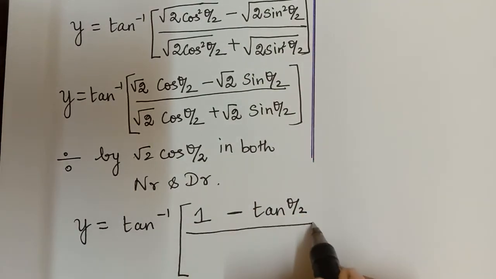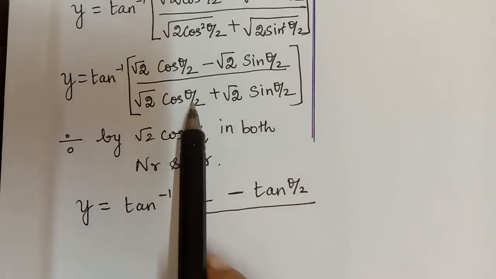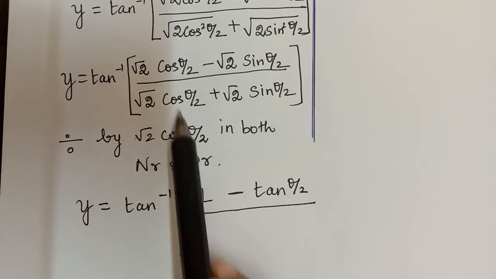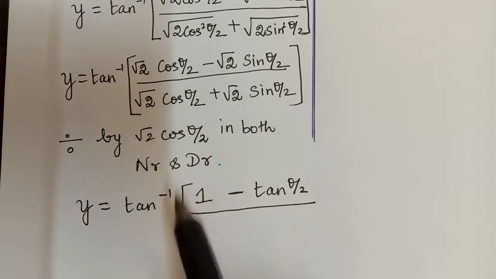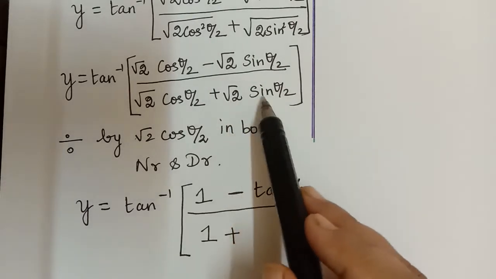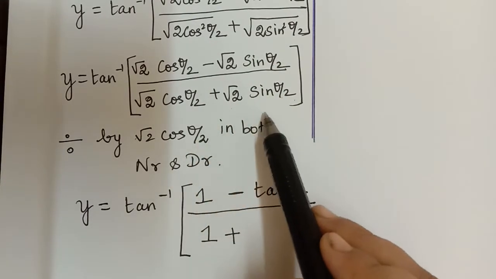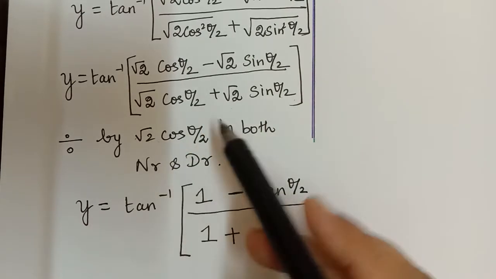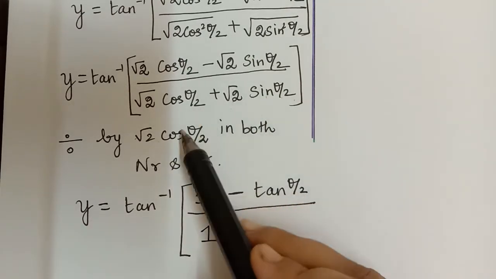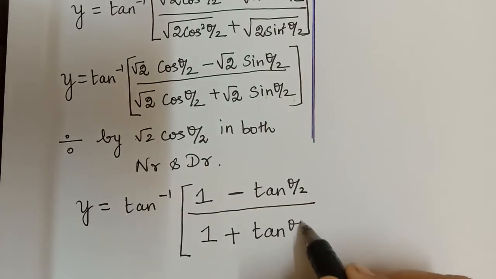The whole divided by, now here again we have root 2 cos theta by 2. When this term is divided by root 2 cos theta by 2, it will be 1 plus root 2 sin theta by 2 divided by root 2 cos theta by 2. So root 2 and root 2 will get cancelled and sin theta by 2 divided by cos theta by 2 is tan theta by 2.